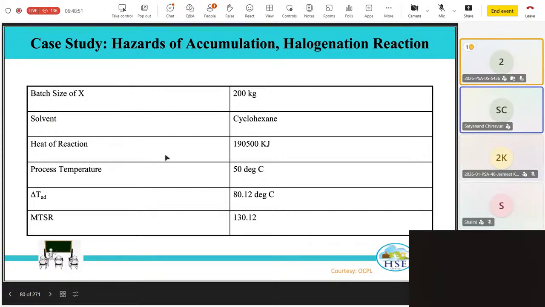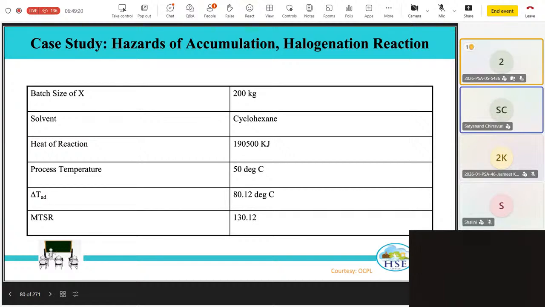You had a heat of reaction of 1,90,500 kilojoules. And the process temperature is 50 degrees. So for this heat, the delta T adiabatic was 180 degrees. So the MTSR was 130. Okay. So 130 degree MTSR, and you are talking about cyclohexane, which boils at around 80 degree.